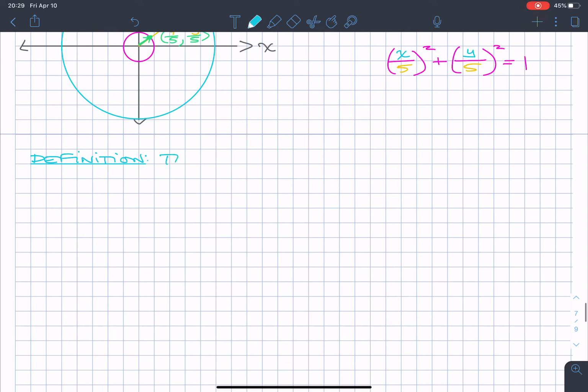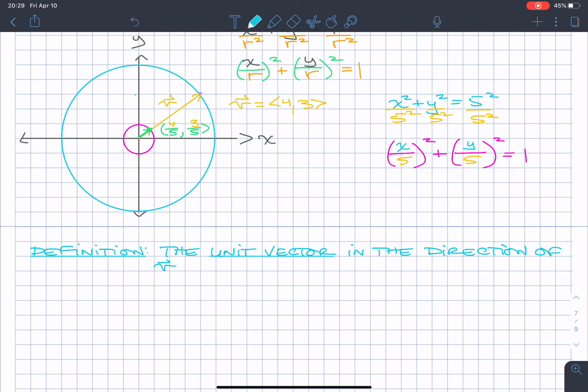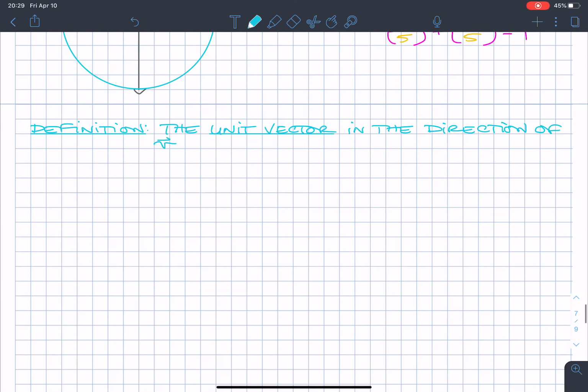Okay, so the unit vector in the direction of vector v. So notice we had vector v here in yellow, and the unit vector green was in the same direction as vector v.